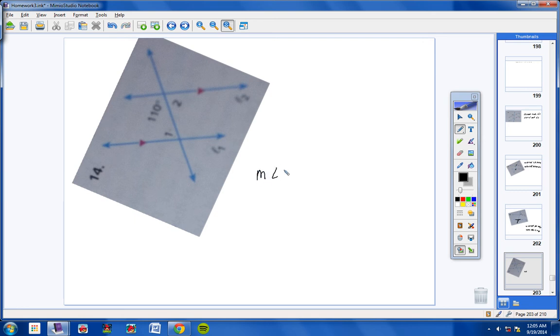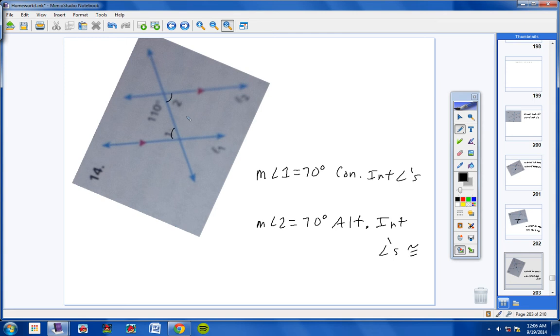So I would write the measure of angle 1 equals 70, and my reason would be consecutive interior angles. Then I would put the measure of angle 2 equals 70, because alternate interior angles are always congruent. This angle here and this angle here are alternate interior angles.